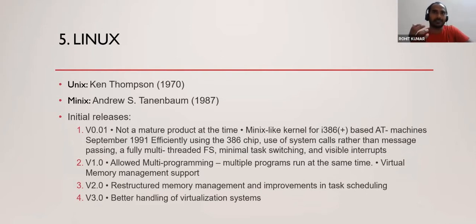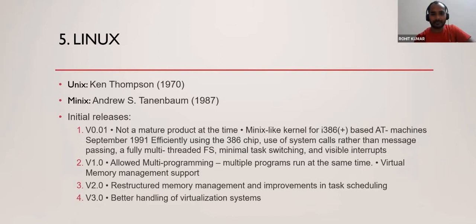When we say it is the first release, it is obvious that it is not going to have all sorts of functionalities. When we compare that OS with the operating systems available right now, how can we compare? In terms of today's operating systems, it's not even a child. So it was very basic.